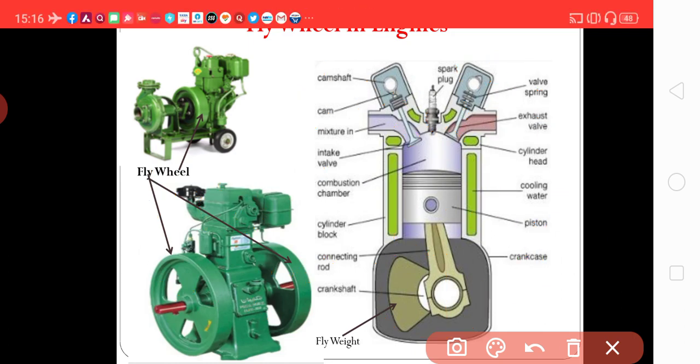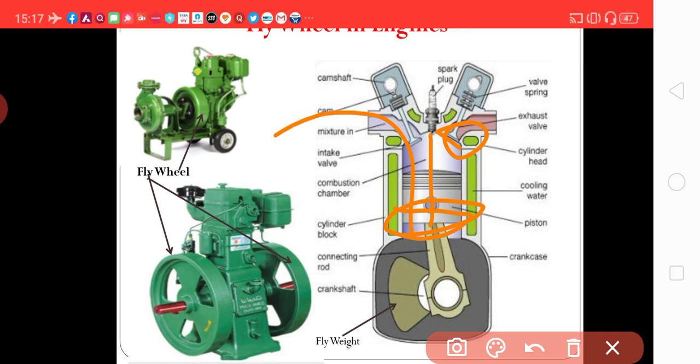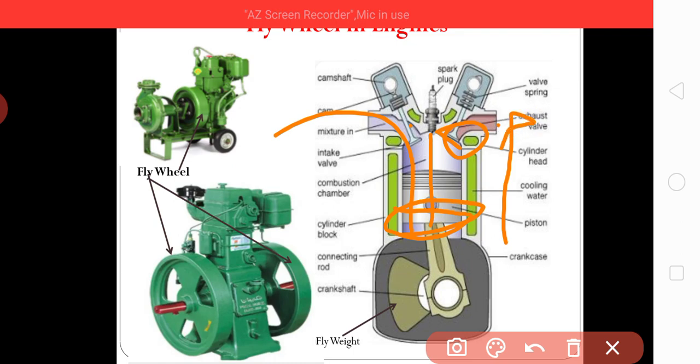Here in the first stroke, this valve is closed and the air fuel mixture enters here like this, and this piston reaches this level. Again both valves remain closed, and in the second stroke the air fuel mixture is compressed. It has reached this level.